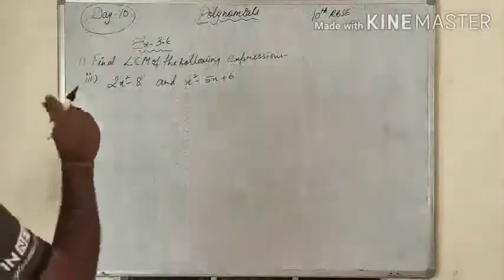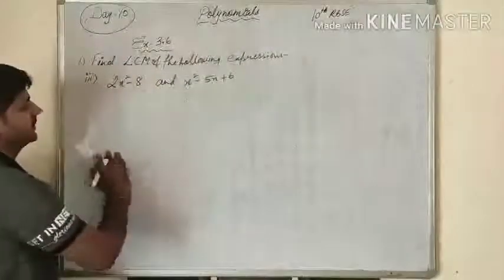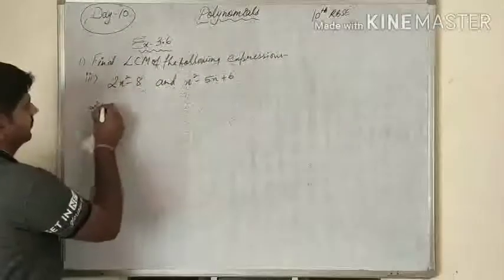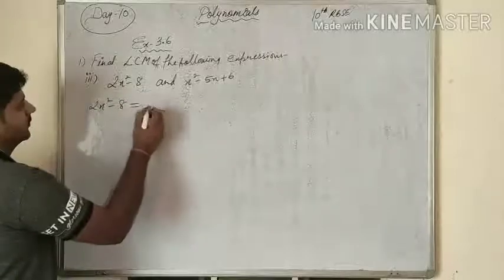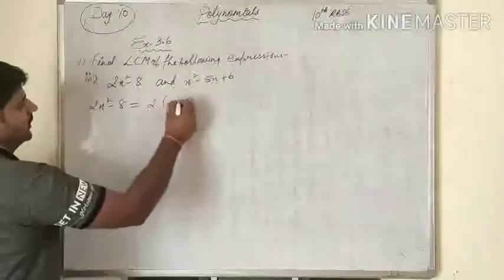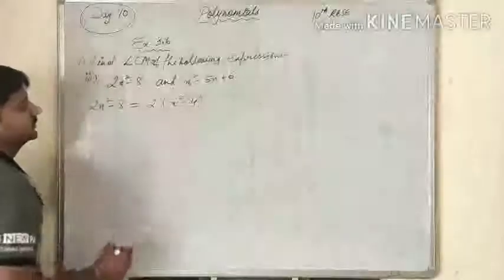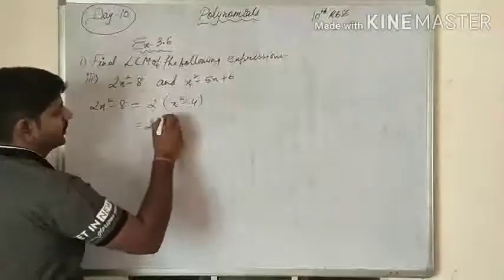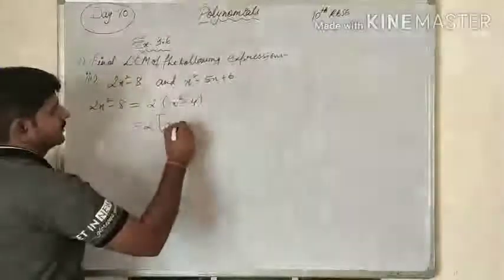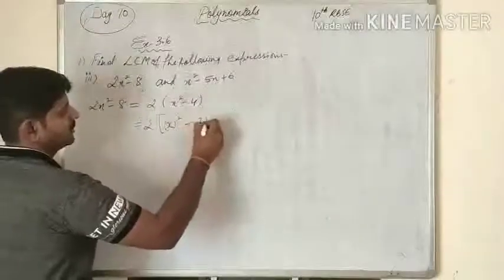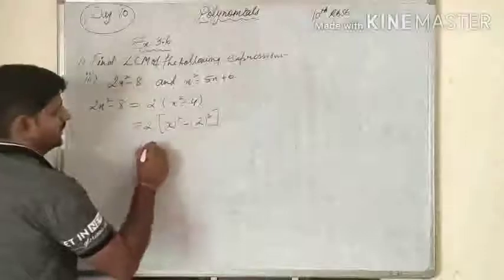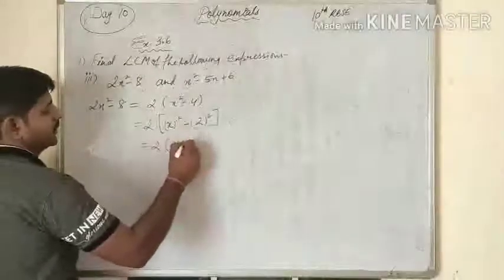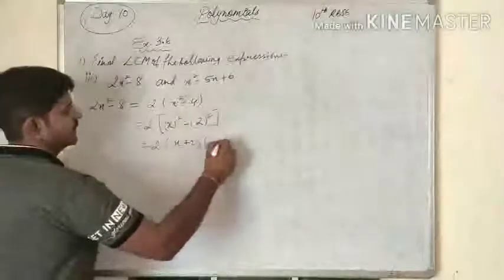So this is the first term, and we will find its factors. 2 is taken common, so we get x square minus 4. It can be taken as a plus b, a minus b. So it is x whole square minus 2 square, and this is 2 into x plus 2 and x minus 2.